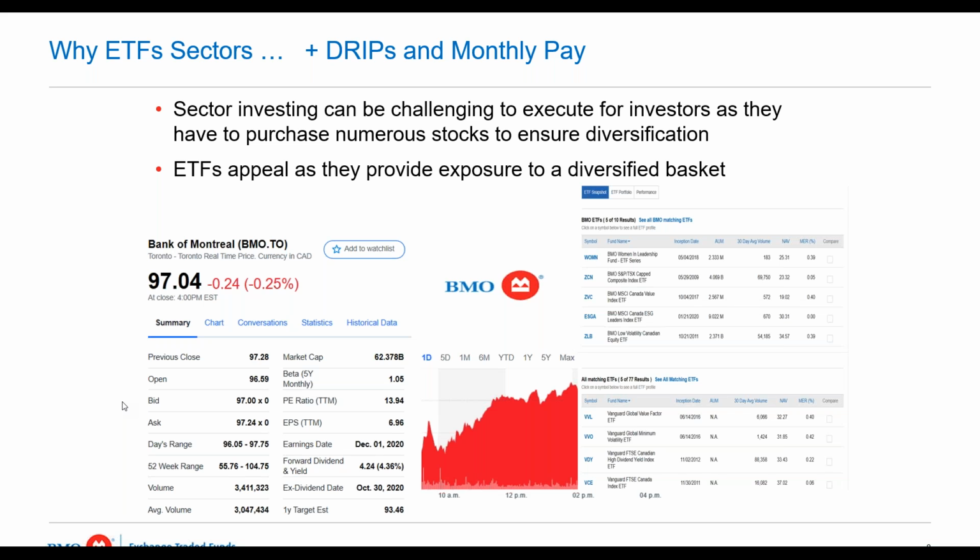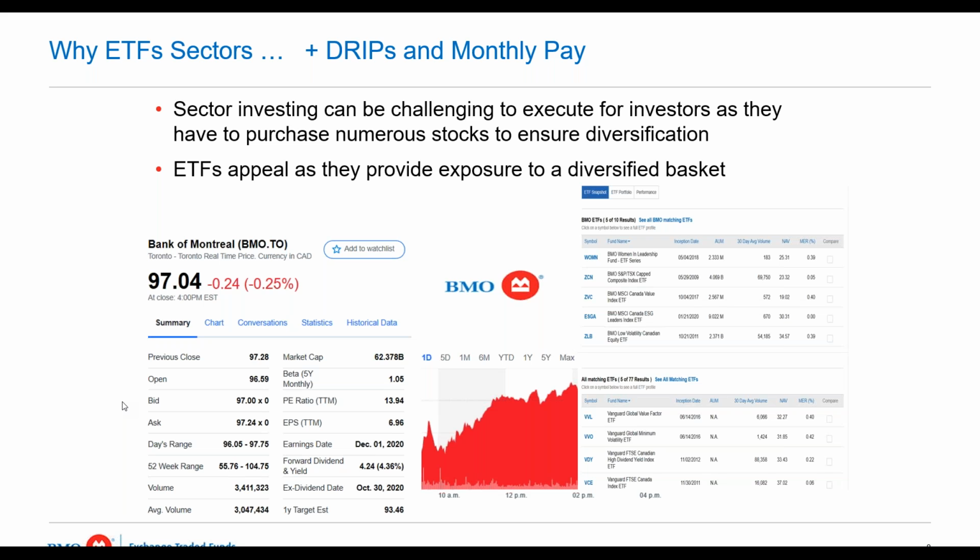And here I include a quick screenshot of the current price of BMO stock, which is $97, and to do a board lot on that, you're just shy of $10,000, and you're only getting exposure to one bank. Whereas with an ETF, you get exposure to all Canadian banks, or if you want to go broad, financials, whatever it may be, you're really getting a more diversified portfolio to that sector or subsector.